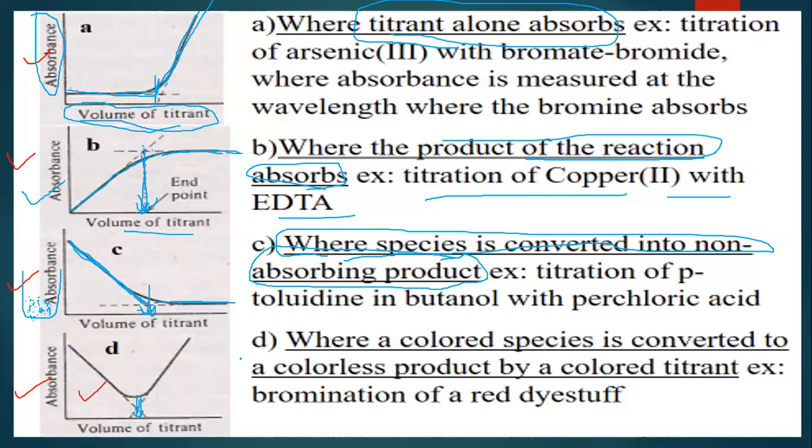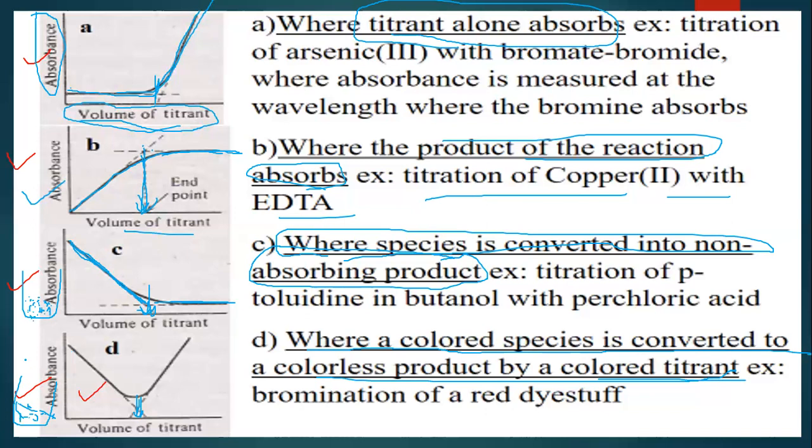Now here in this case a colored species is converted to a colorless product by a colored titrant. See what happened. Initially whatever was taken in the beaker or the cylinder, that was the absorbing species.